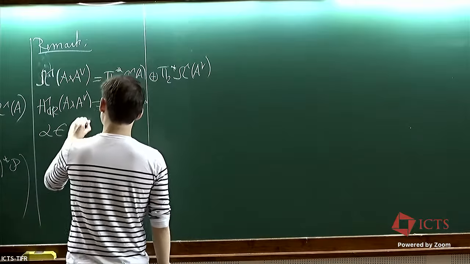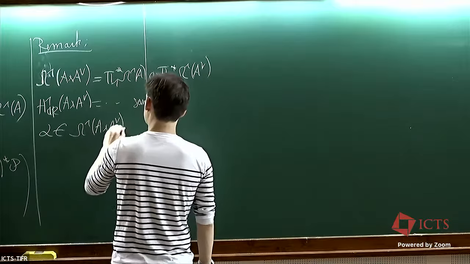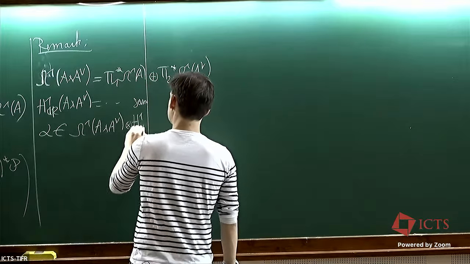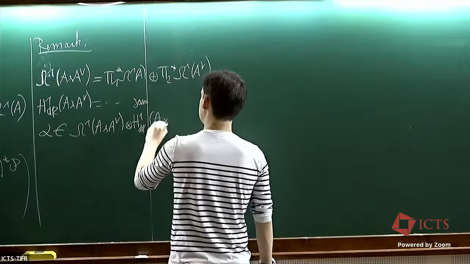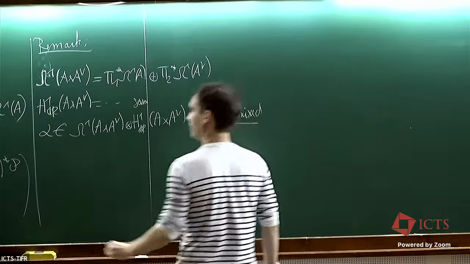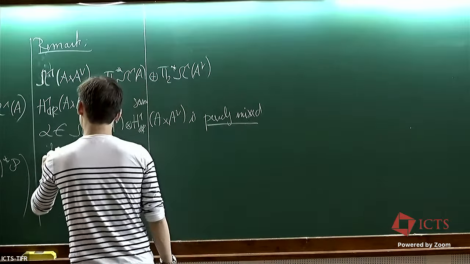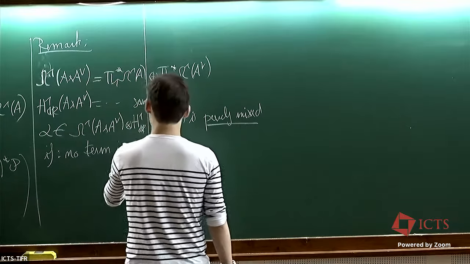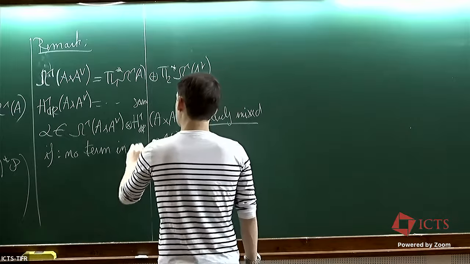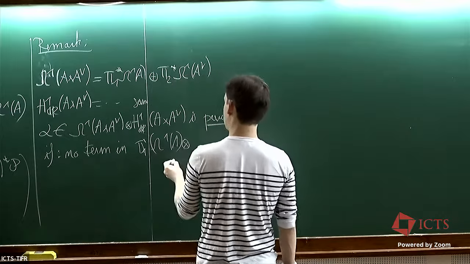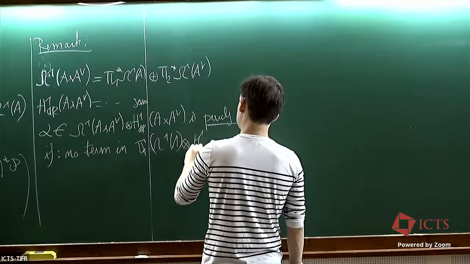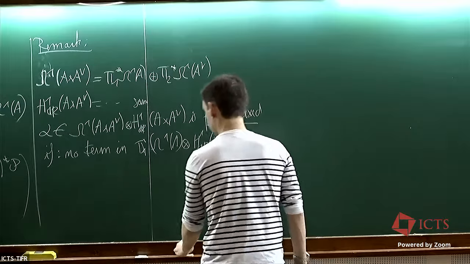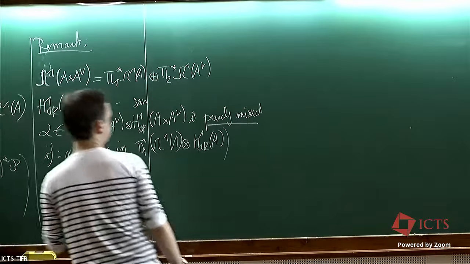And you will say that alpha inside the tensor product here is purely mixed if there is no term in, for example, pi 1 star of omega 1 of A times omega 1 of A, and none either for the duals.